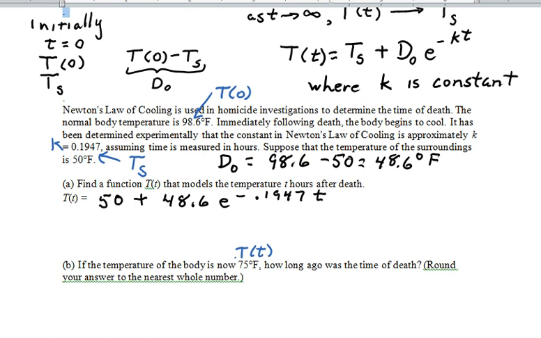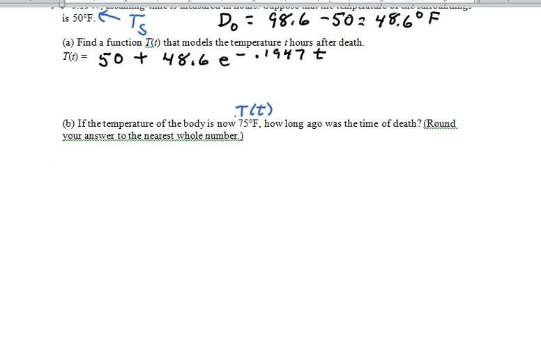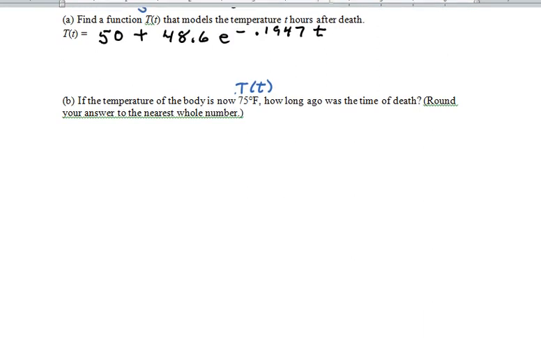Now, part B says if the temperature of the body is 75 degrees, how long ago was the time of death? So now this is actually the value of T of t. So 75 would equal 50 plus 48.6 e to the minus 0.1947t.